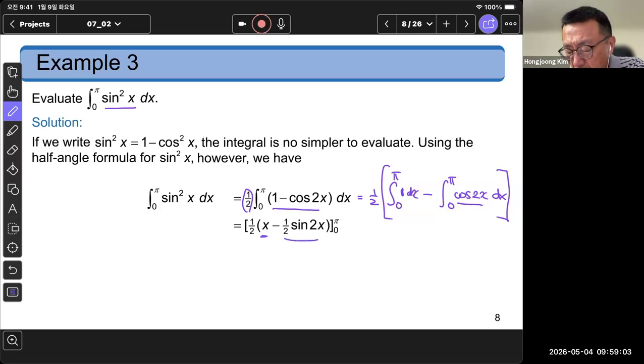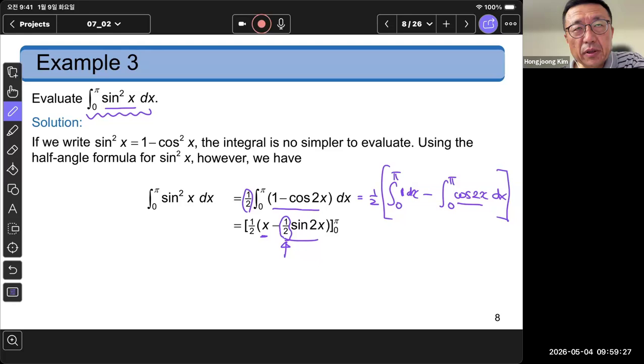At this point, some students may forget this 1/2, so please be careful. So given this integrand, if I just plug in 0 and pi and compute the difference, we can find the value of this.